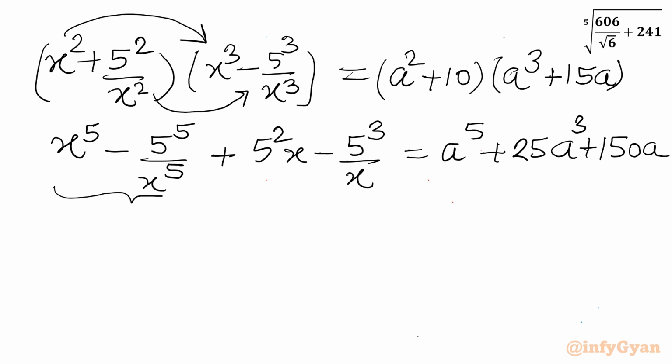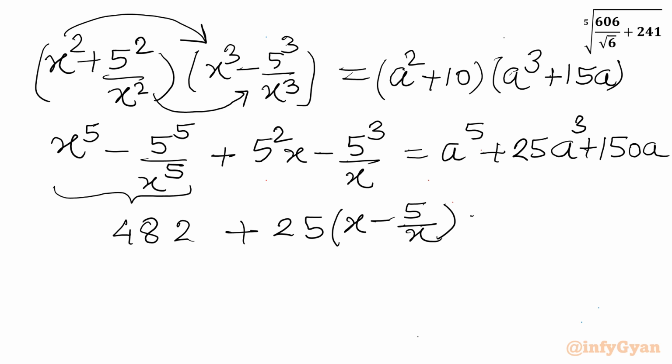Now this is 482. I will write 482, plus 5 square is common, so 25 in bracket x minus 5 over x. This will be equal to a power 5 plus 25 a cube plus 150a.